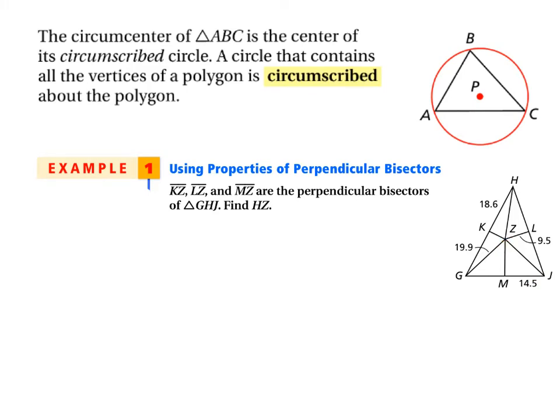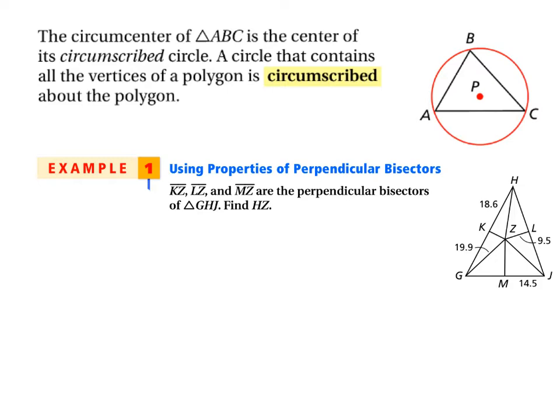Because we know GZ is the same as HZ, we know it's 19.9, but let's write this. What you would have to state is, we first state that Z is the circumcenter of triangle GHJ. So by the circumcenter theorem, we know Z is equidistant from the vertices of triangle GHJ.